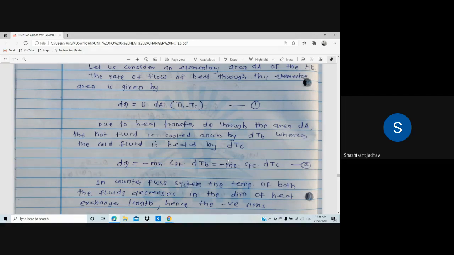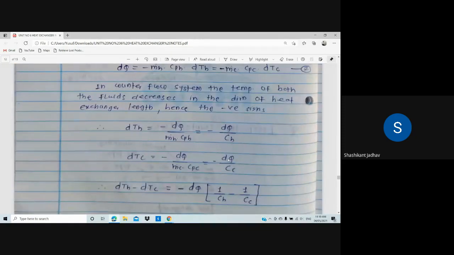Write down: in counterflow system, the temperature of both the fluids decreases in the direction of heat exchanger length, hence the negative sign.